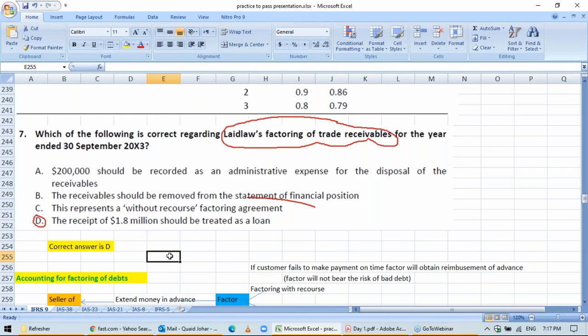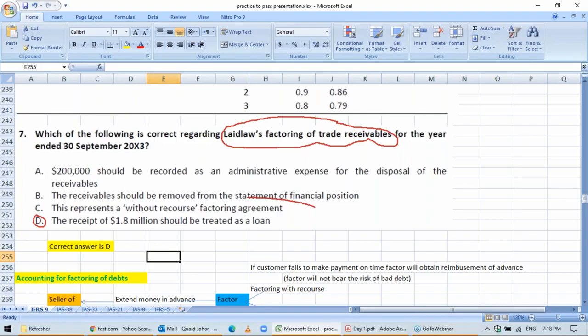So what does the question say? That the company has sold its receivable. So receivable is an asset. So they have sold the receivable to a party, who would be the buyer, and then there is an option that that party, if unable to collect money from the customer, will return the receivable back.